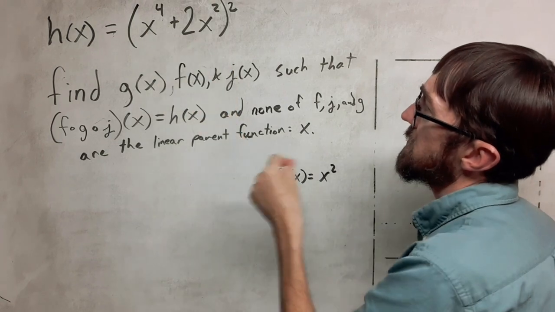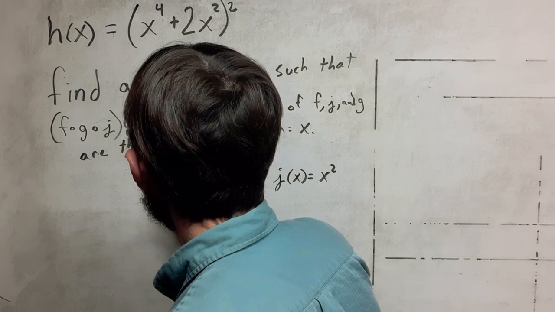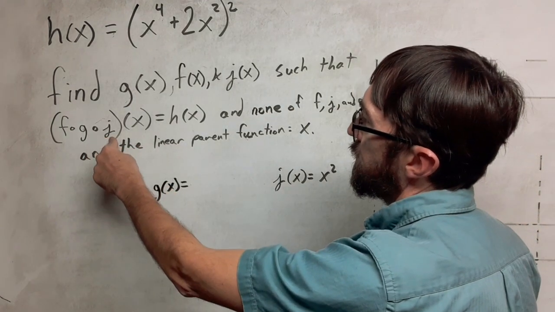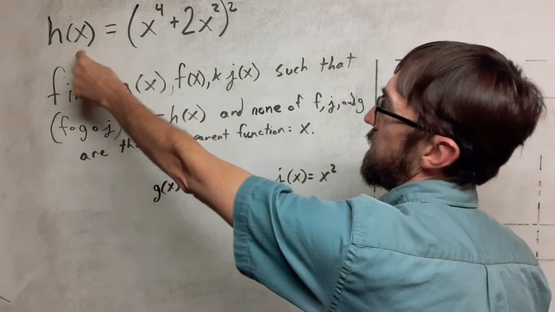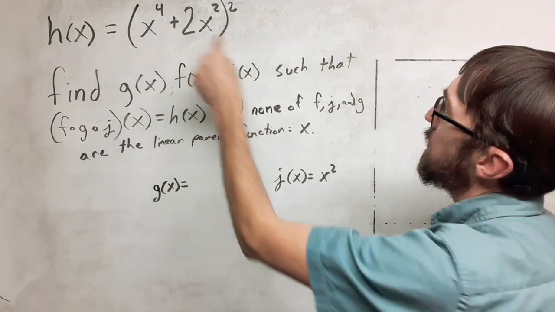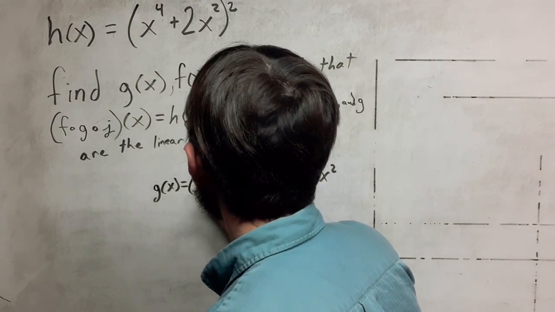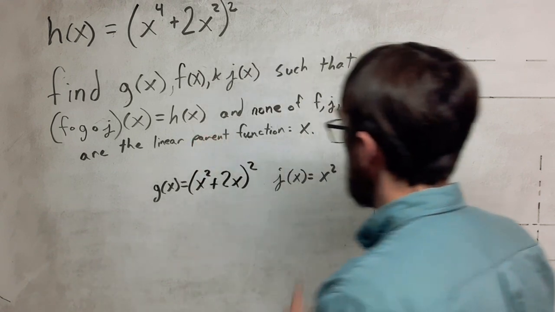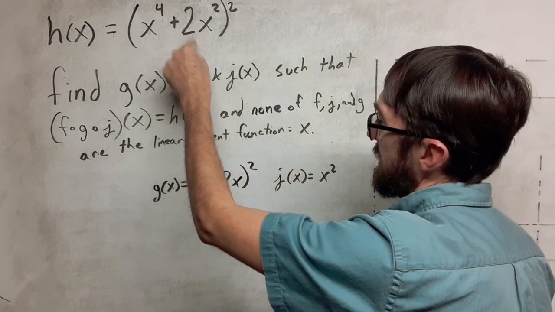So I'm going to pull x squared out of each of those, and that will be G. So I'm working from right to left to get at breaking down H here. So if I pull x squared out of each of those, I'm going to have x squared plus 2x squared. So if I put this into here, I would be back at here.